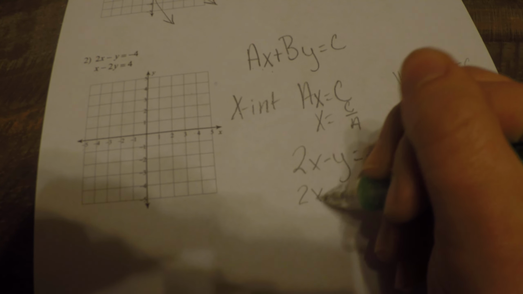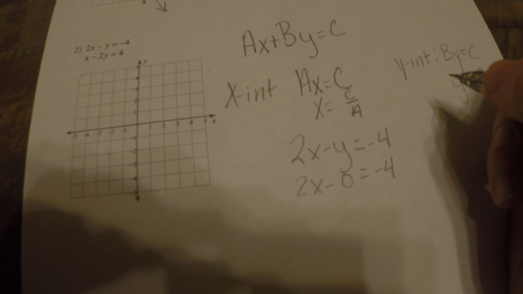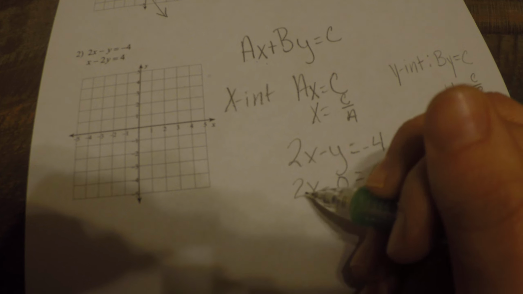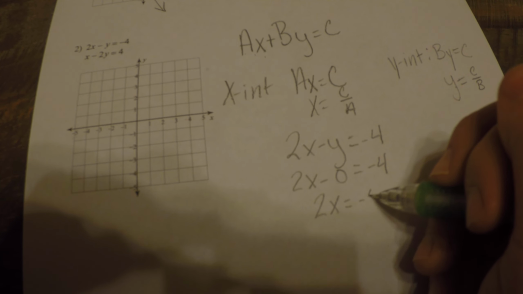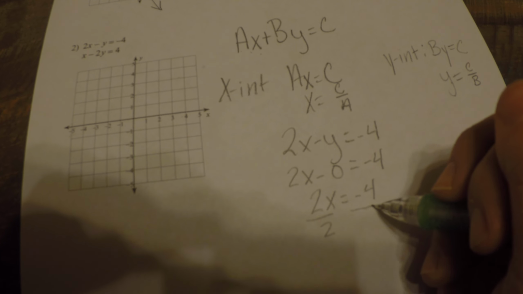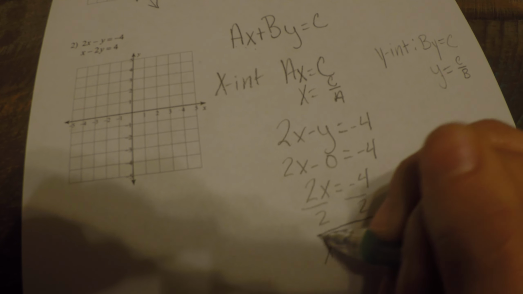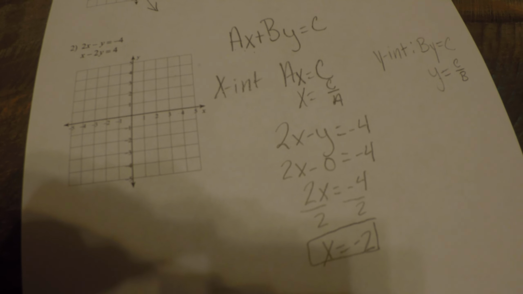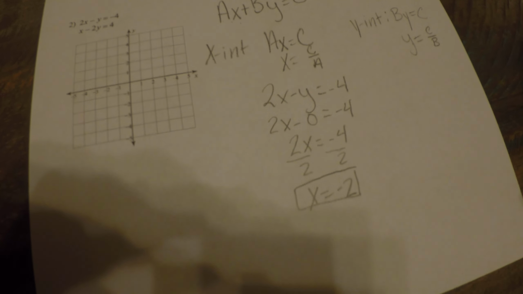So 2x minus 0 equals -4. So in this case, y goes away again. So 2x equals -4. Divide by 2. X equals -2. So this tells me on my x-axis, I'm going to have a point at -2.